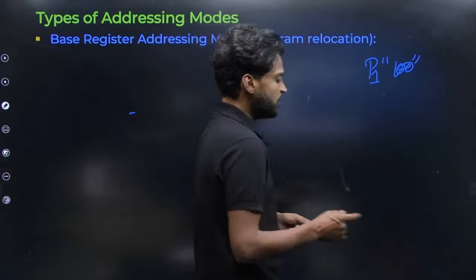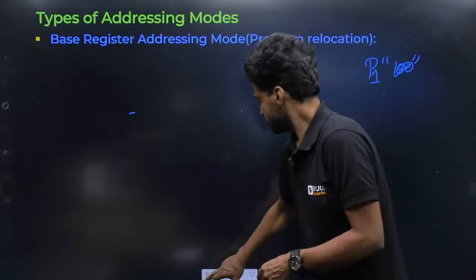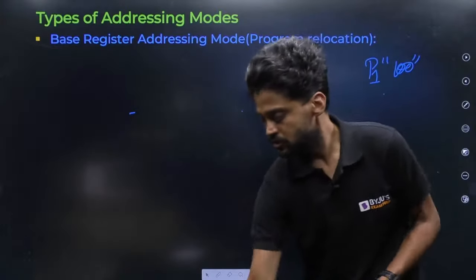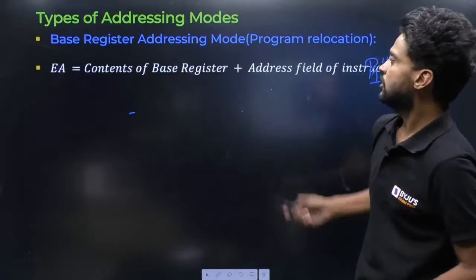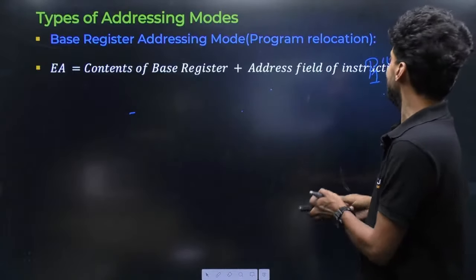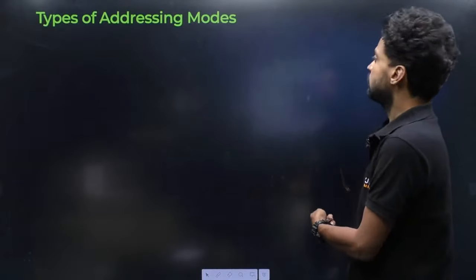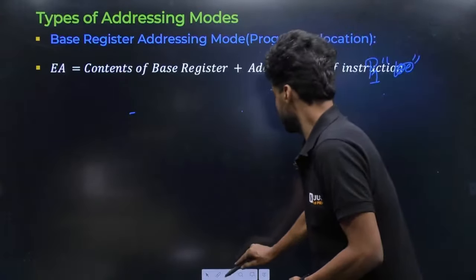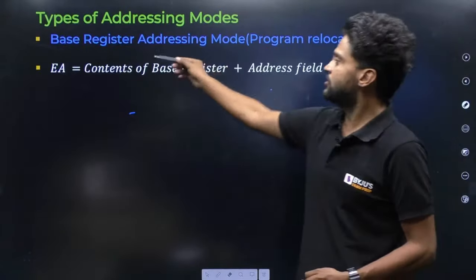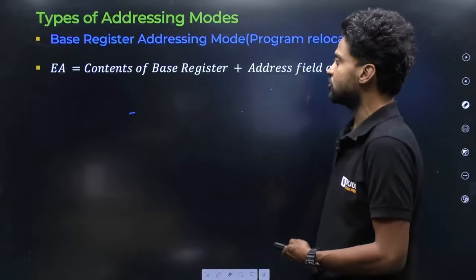So exactly, what is this? Now, in the base register addressing mode, the effective address is calculated as the contents of the base register plus the address part of the instruction.